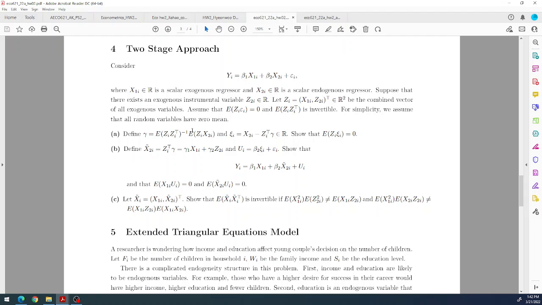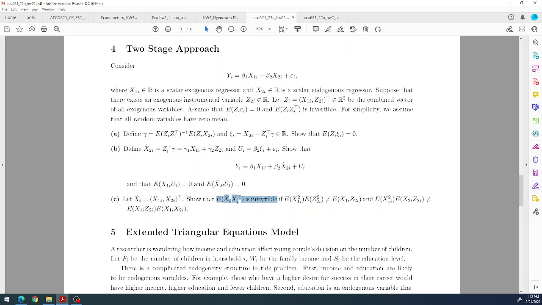And then based on this definition, in this part I show that our second stage identification also works, which is also pretty straightforward. And also in part C, what I wanted to show you is in each step, in this step and in this step, we need invertibility, the full rank condition for the second stage.